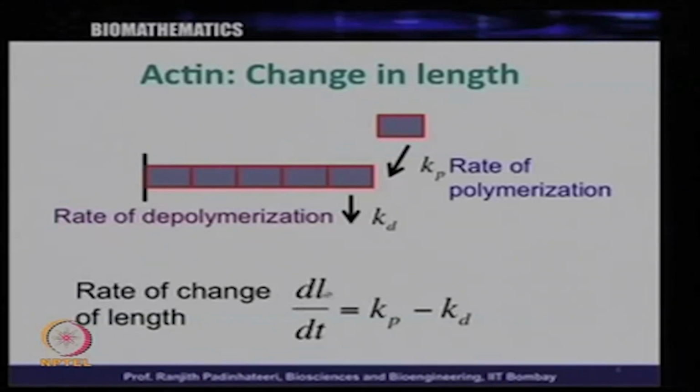Here L represents the number of monomers, in this case 1, 2, 3, 4, 5. So, the length of this filament now is 5 monomers. How does this change with polymerization and depolymerization? That is depicted by this equation: dL by dt is Kp minus Kd.